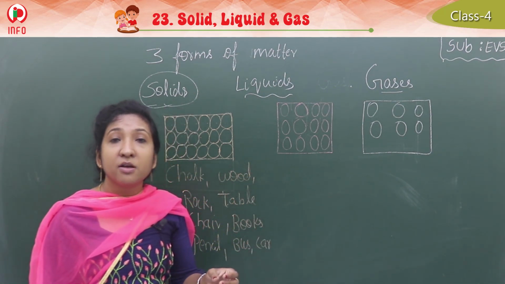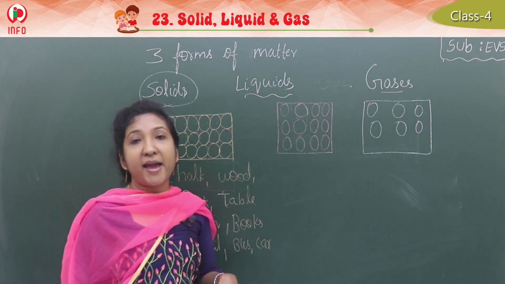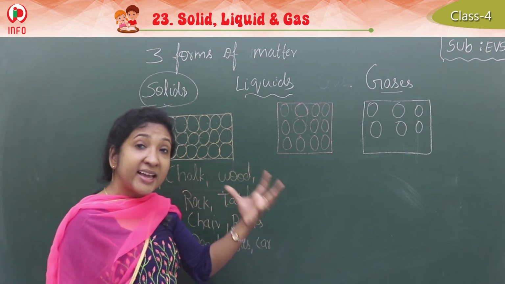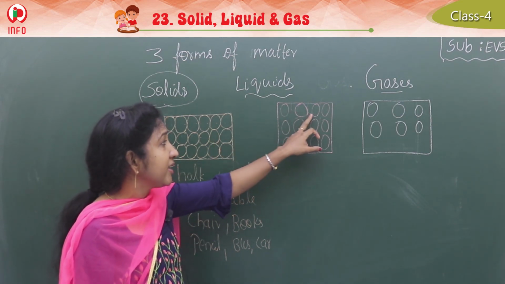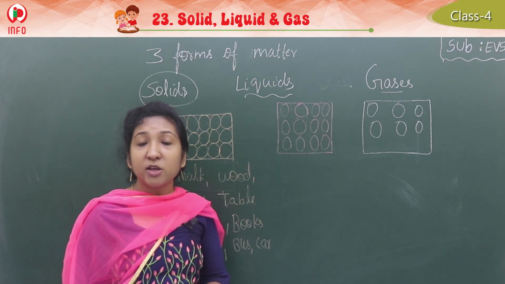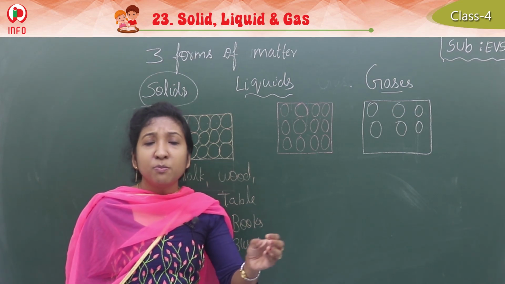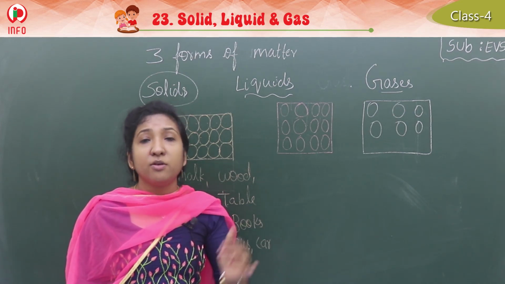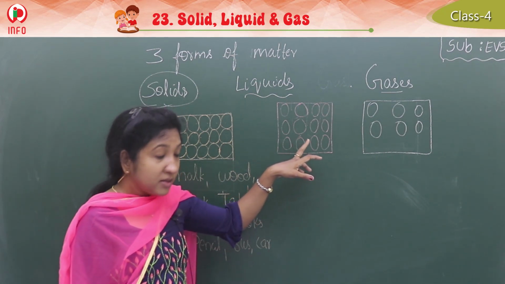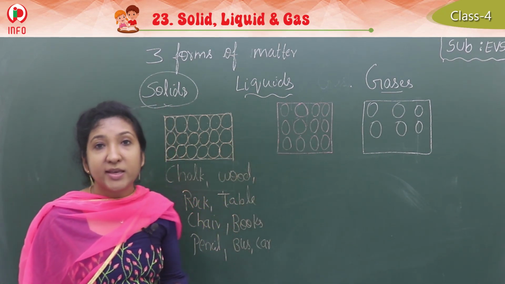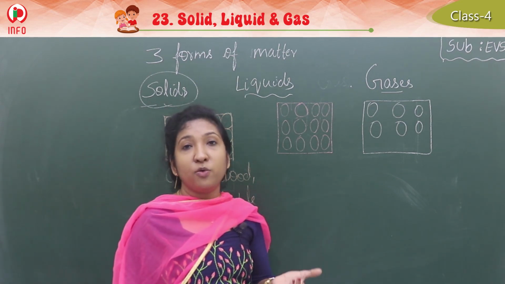Liquids are less closely packed, they are not tightly packed like solids. A small gap we can see in between the molecules, so they are free to move, which means liquids can flow easily. That's why liquids flow.